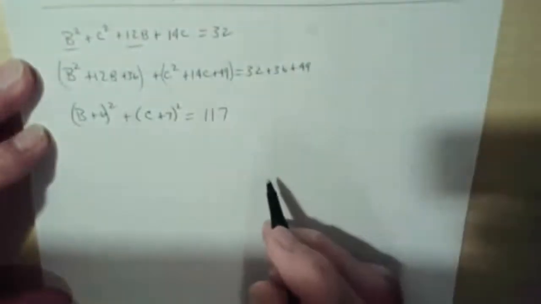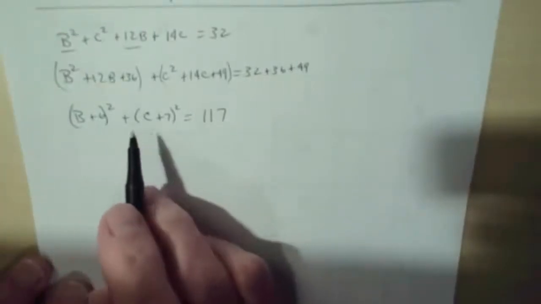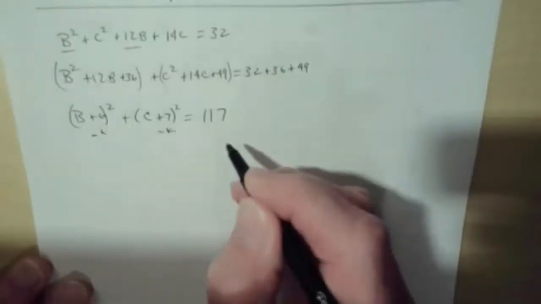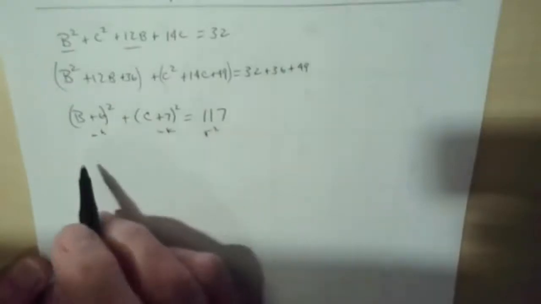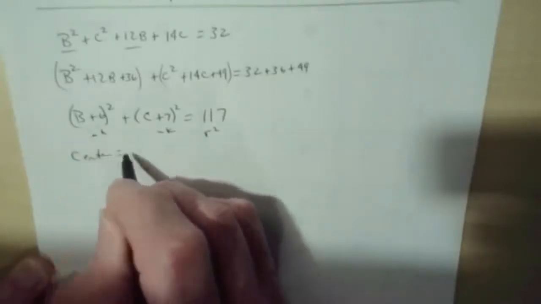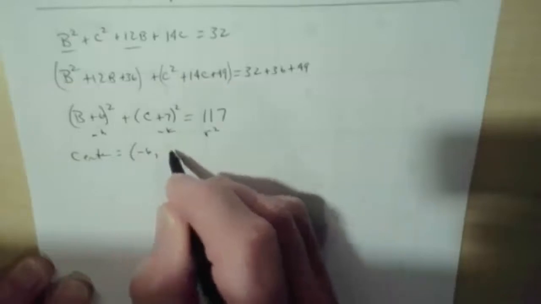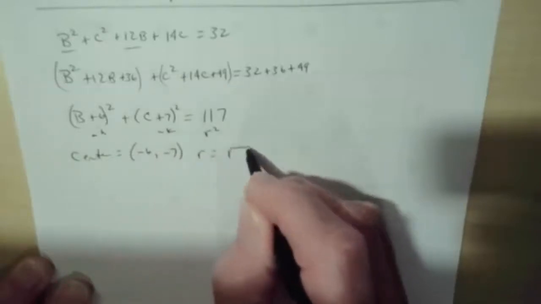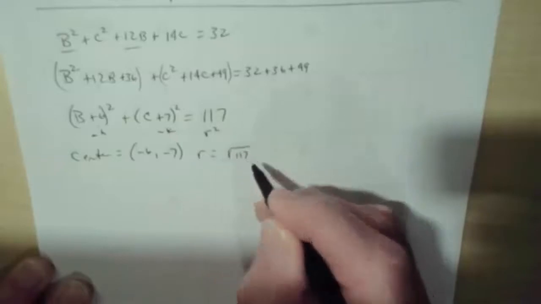I think that's right. Okay, these are perfect squares. Okay, this is negative h, negative k, and r squared. So the center is negative 6 comma negative 7, and our radius is the square root of 117.